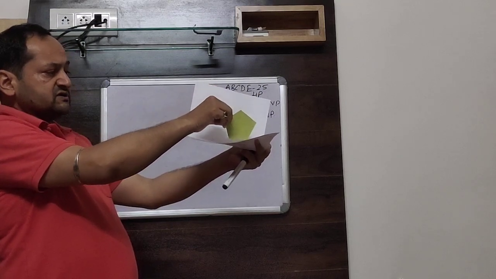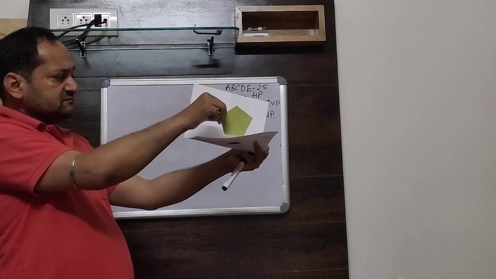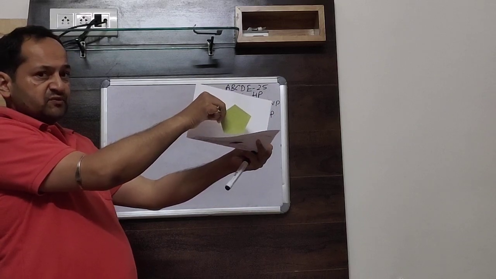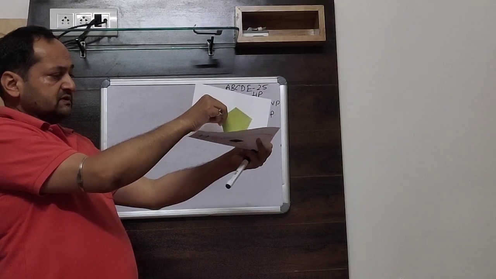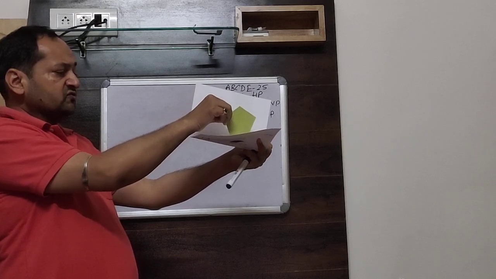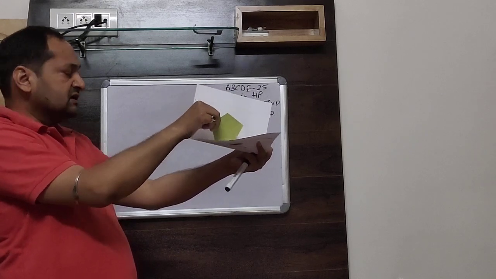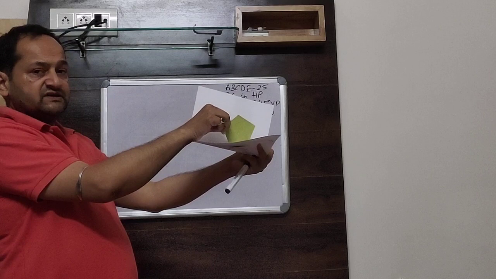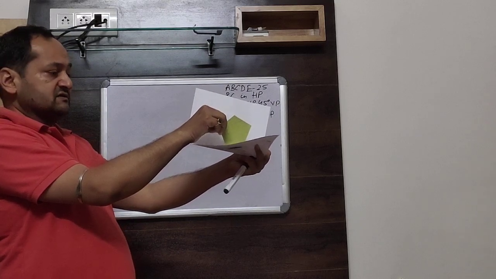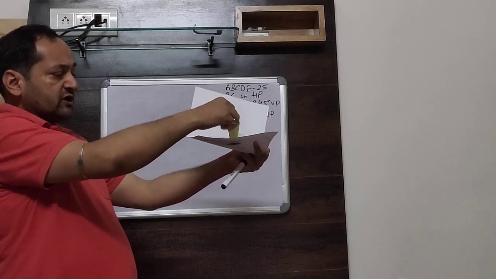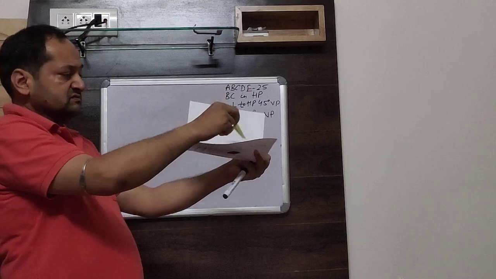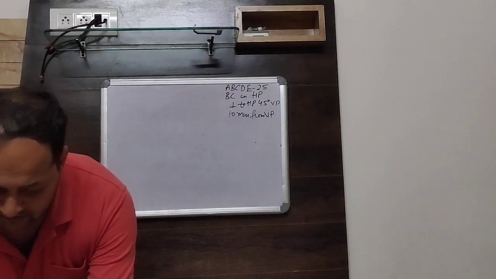In the initial position, the front view will be the true shape of the pentagon, and the top view will be a line parallel to the XY reference line. Then we will rotate the top view. Let me start drawing the question.